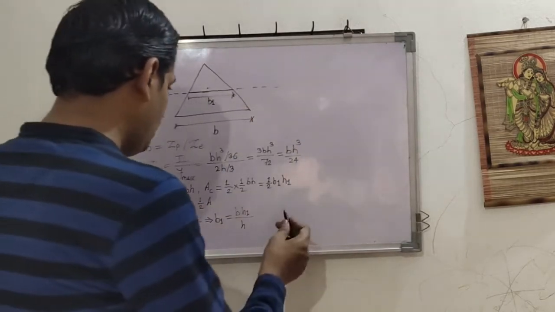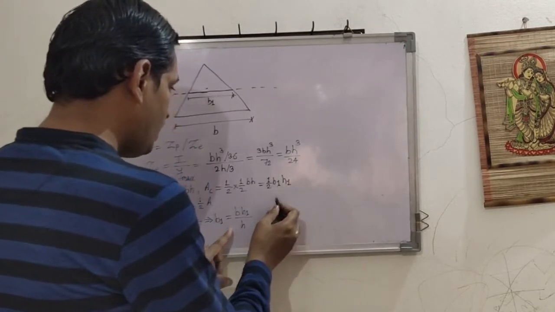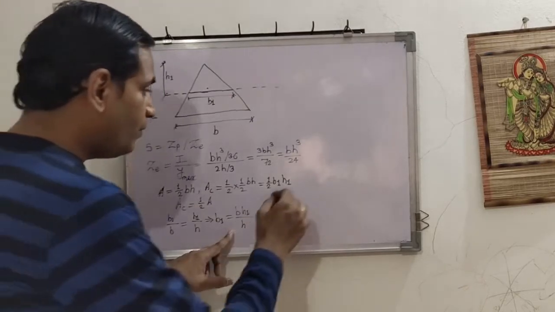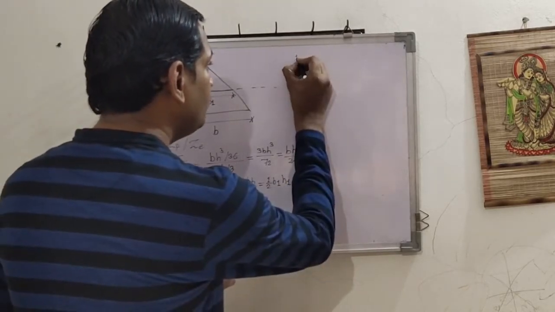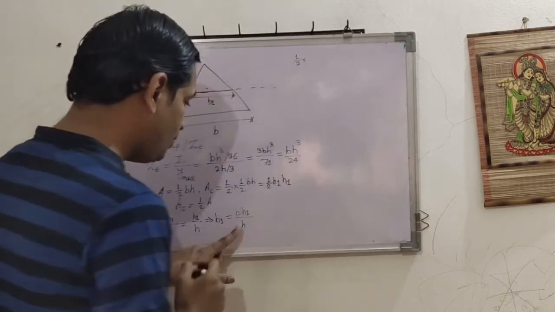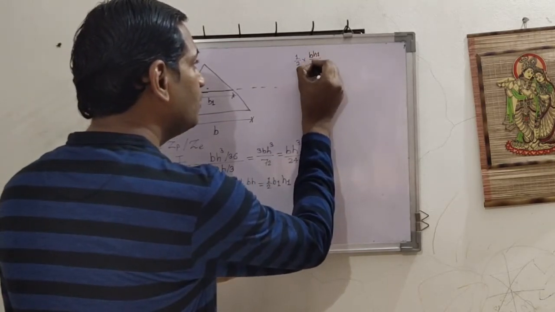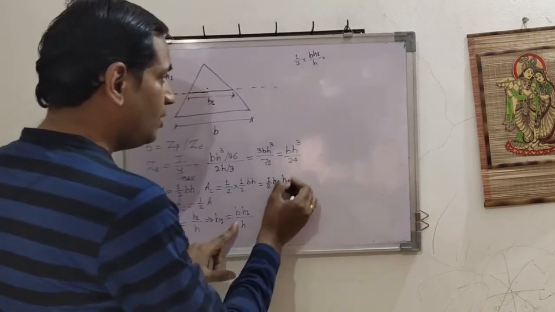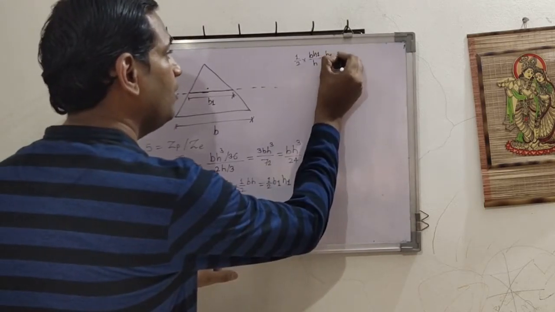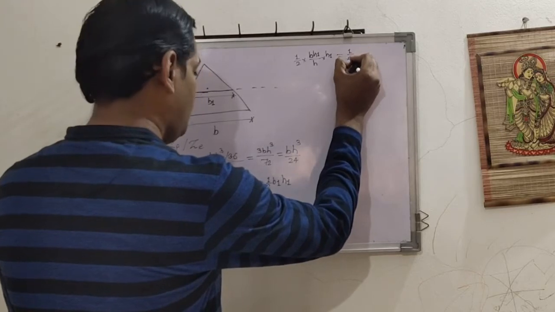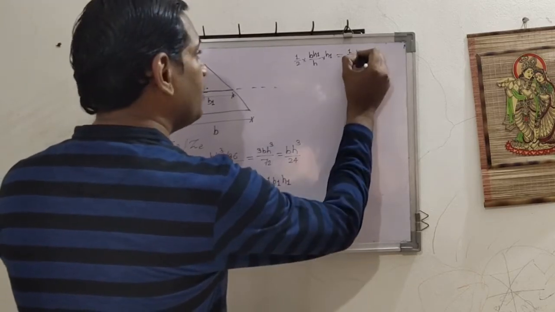So in this we will substitute b1 by this value. So what will it become? 1 by 2 into, what is b1? b times h1 upon h, into h1. It is equal to 1 by 4 into bh.